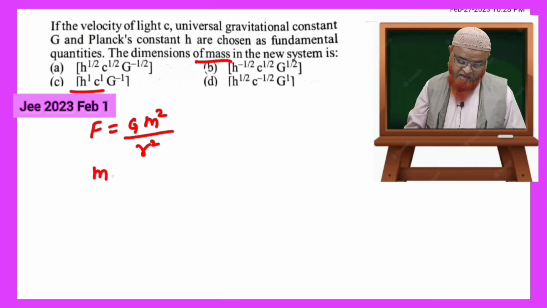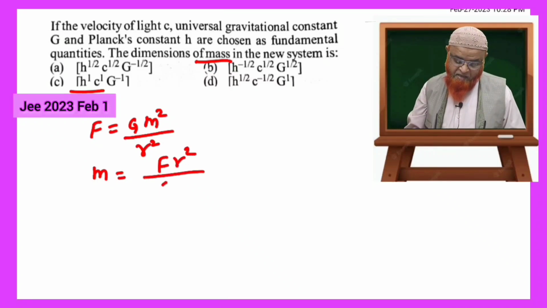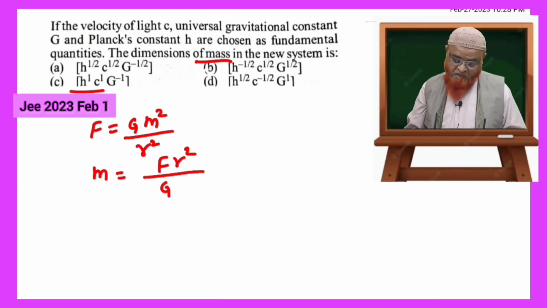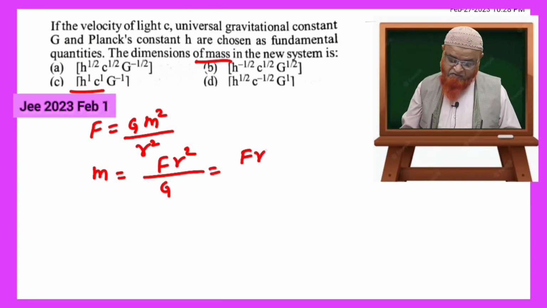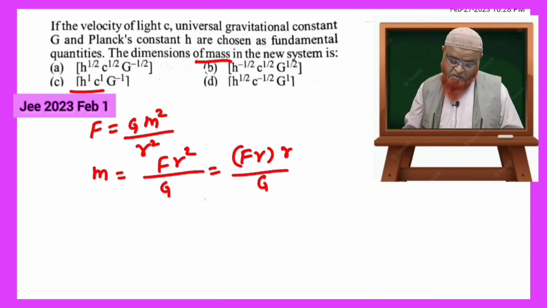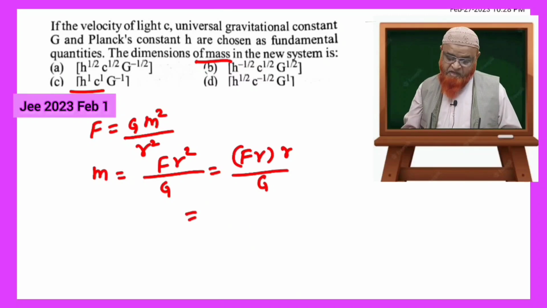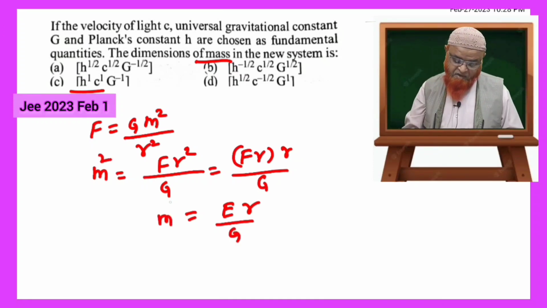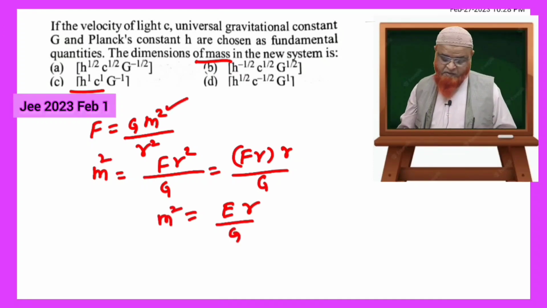He's asking us to find out the mass. So let us consider here m square is equal to F into r square by G. Now here you can consider F into r by G. Force into displacement is nothing but energy, into r by G, which is considered as mass here, but I have to take mass square because mass square is present here.